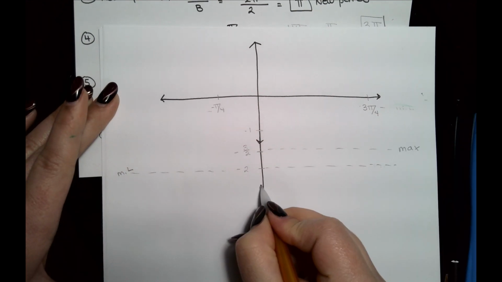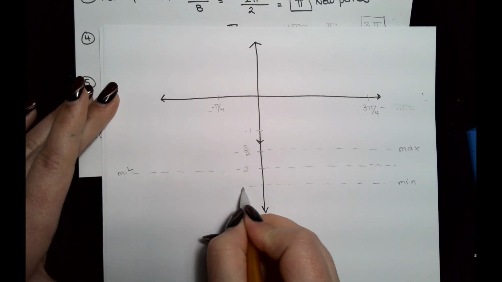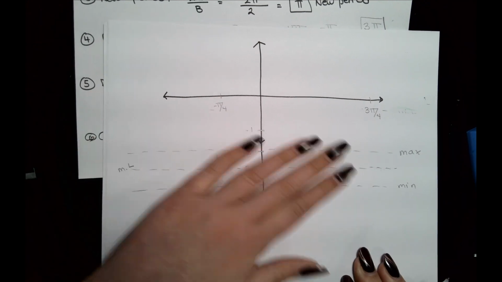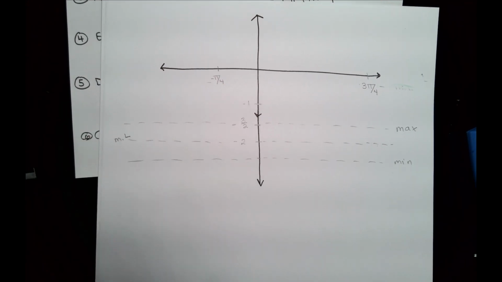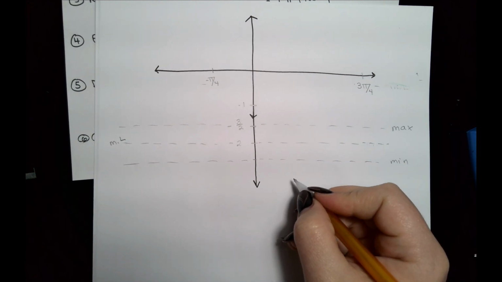And then we have our minimum value. So if that happens, definitely use your pencil, eraser, enlarge it, make it where we can see what you're doing.